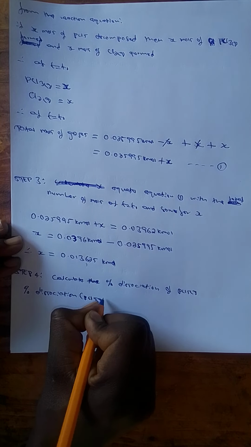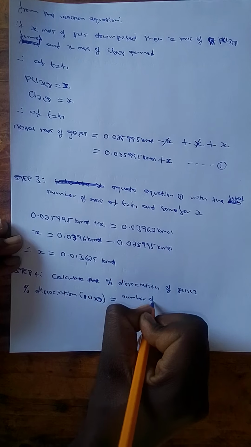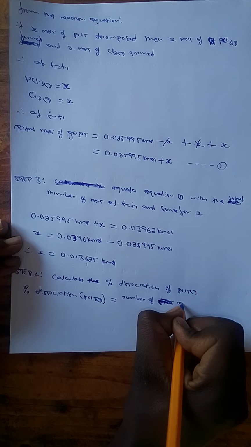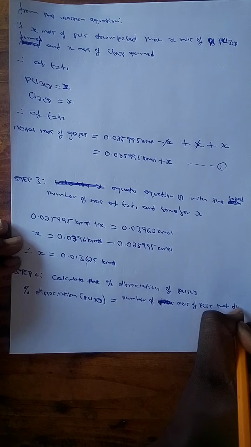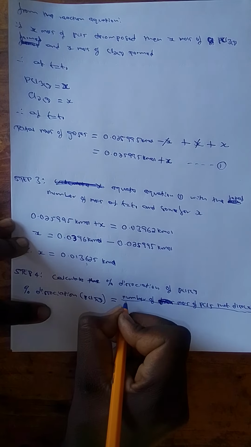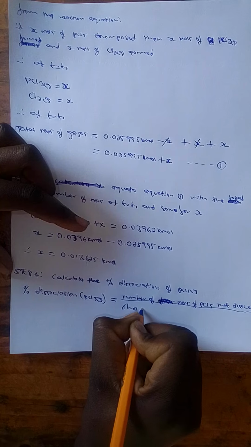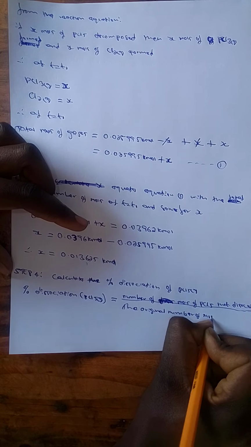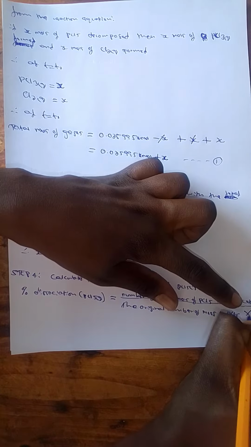The percentage dissociation of PCl5 gas is equal to the number of moles of PCl5 that dissociated, all over the original number of moles of PCl5, and I don't have space, but everything needs to be multiplied by 100%.